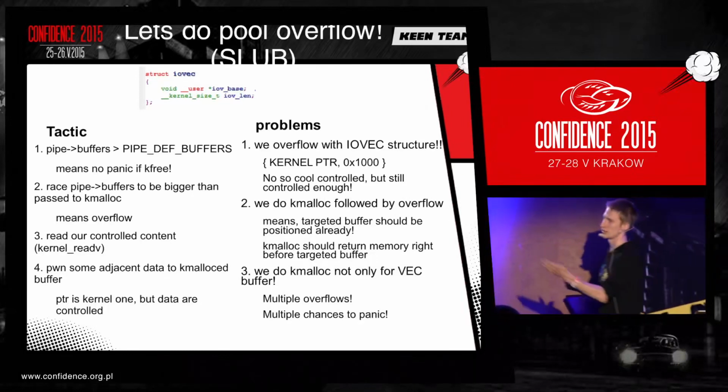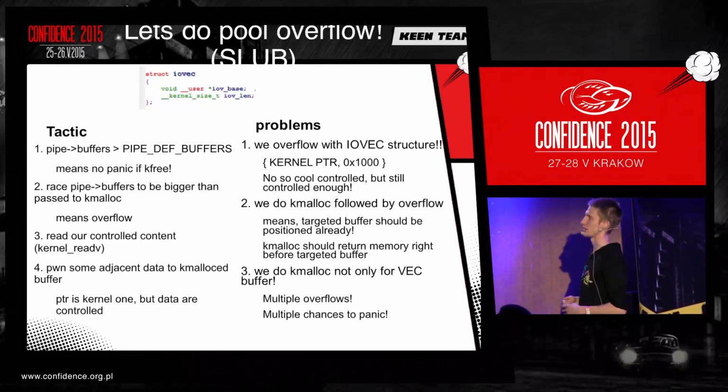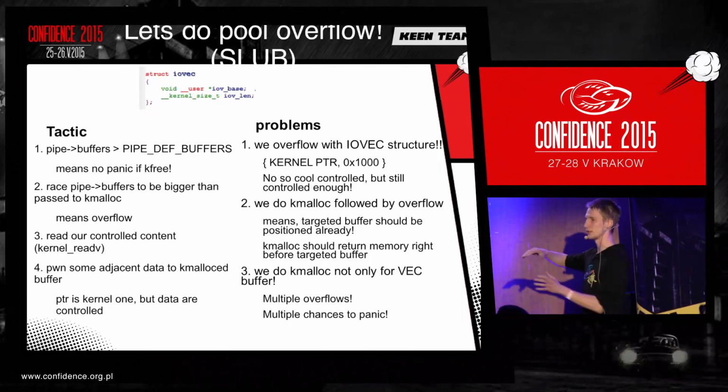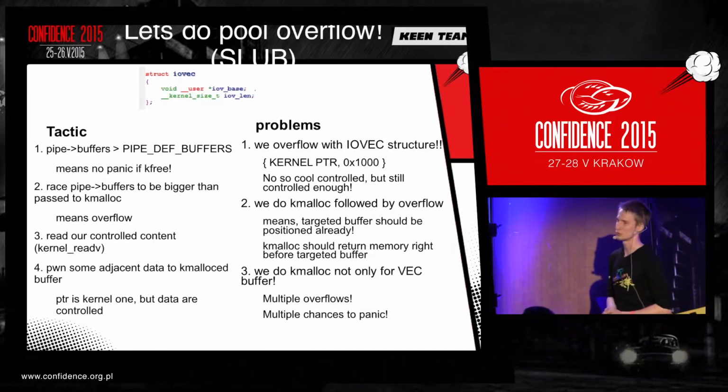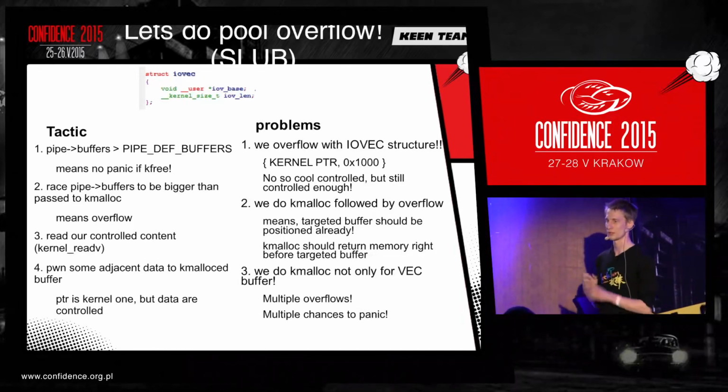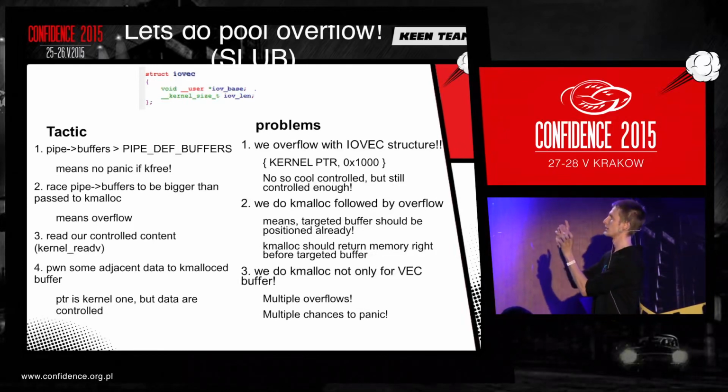So at the end, when it is kfreed, everything is fine. You just overflow at the pool, and it can survive. But the other problem is that you overflow not only with one structure, not only with some kernel pointer and size, but you also have two other members which are overflowing at the same time.